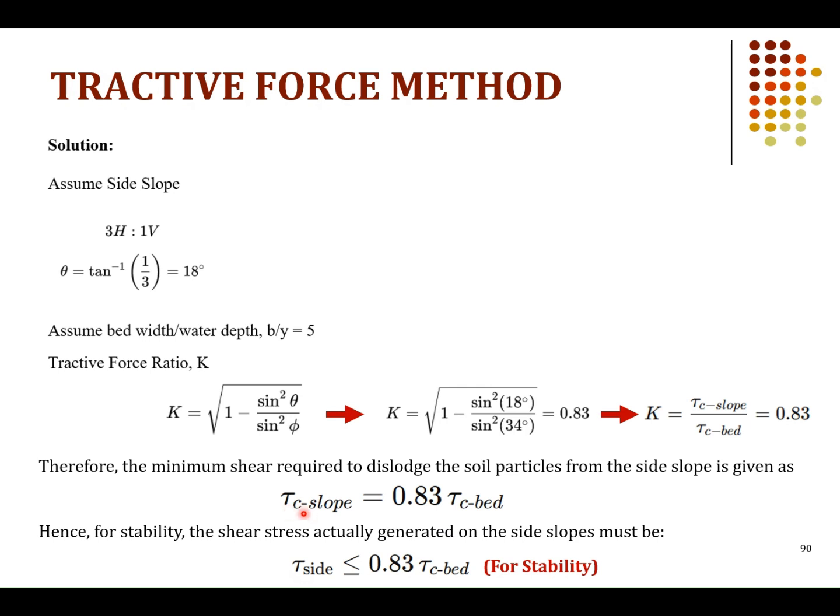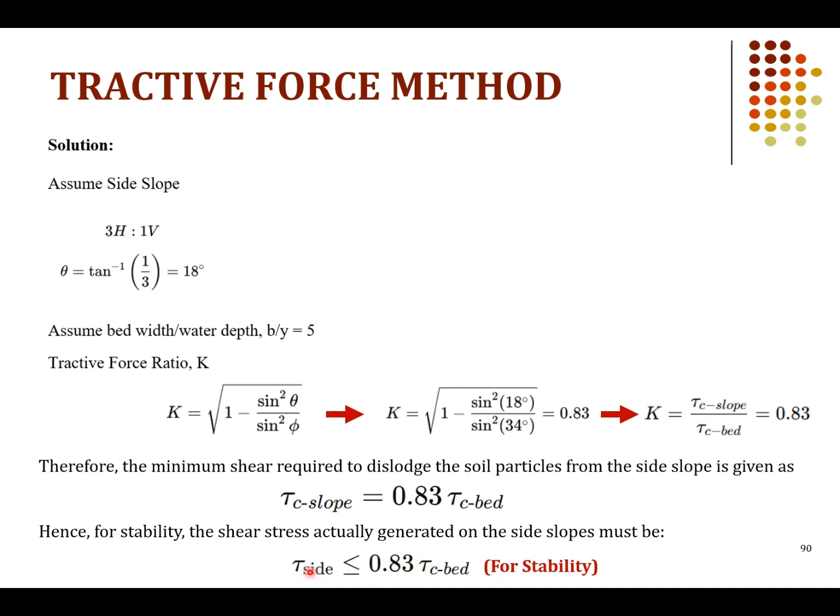This is our limit. What is actually developed on the side should be less than this value, because this is the critical for the side. Actually, I should have used the side here. The slope and the side are actually the same thing. I will make that correction in my slides, which I will share with you.